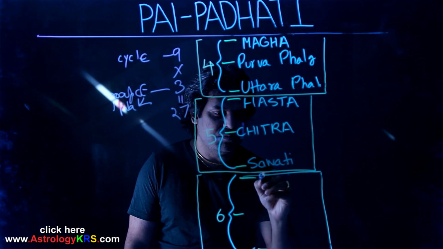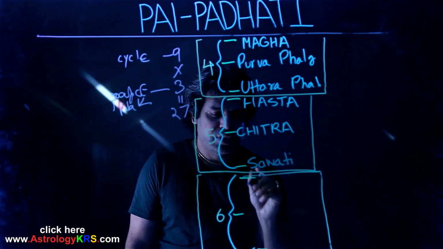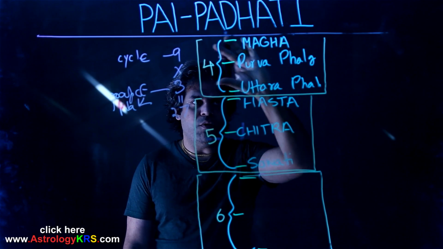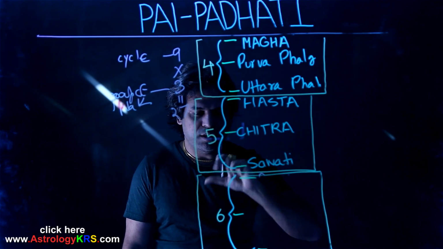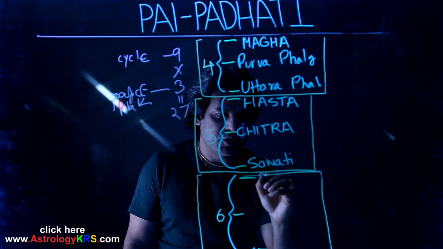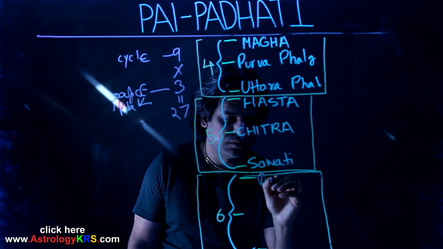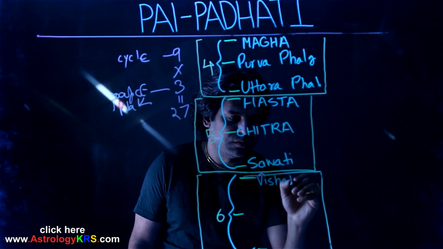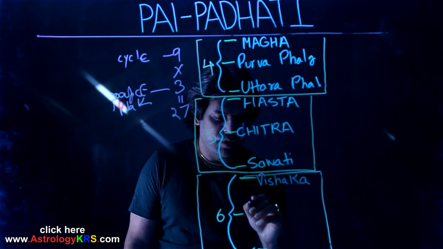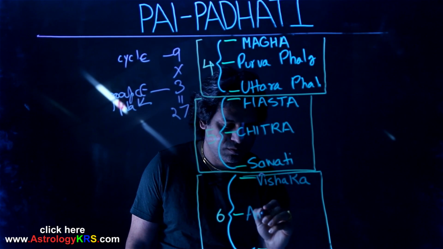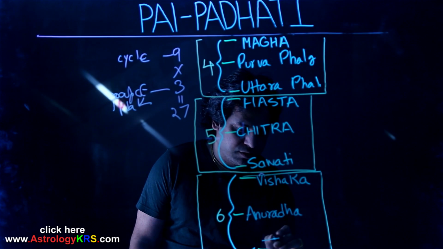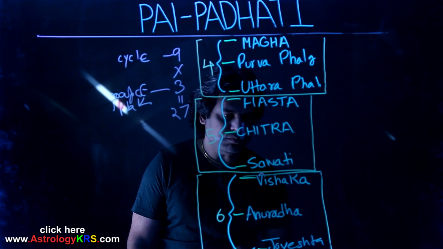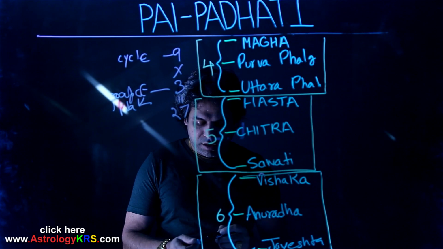So now group 4 is these 3 nakshatras, group 5 is these, then group 6 comes: Vishakha, Anuradha, and Jyeshtha. This is the other group.